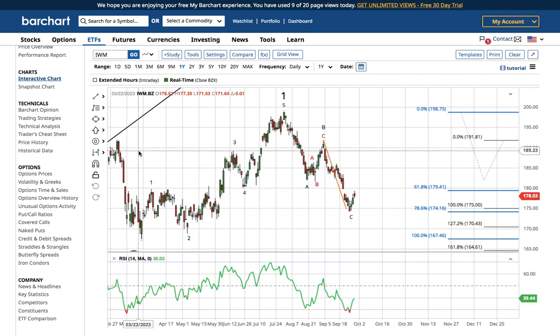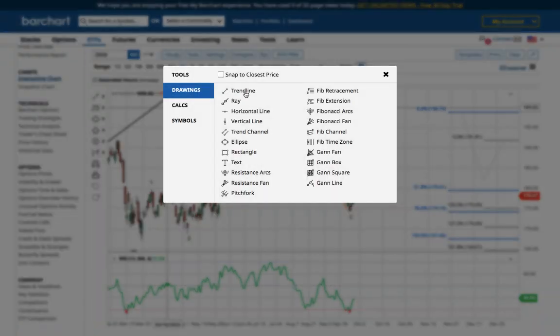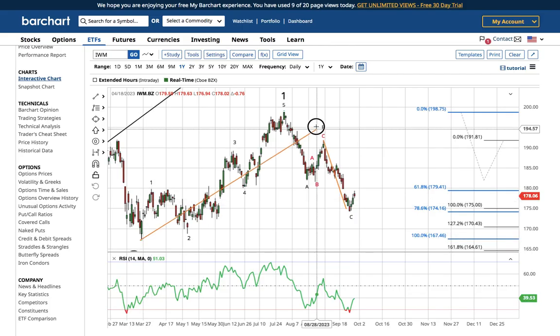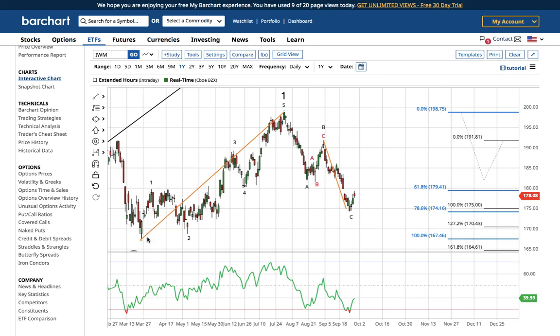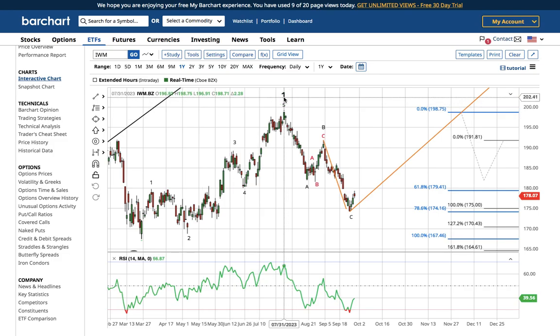The invalidation for this all being a wave one is 167.46. And then bulls will look for the length of wave one, placed at the wave two low to begin a wave three for the Russell. So I'll make sure that's all prettily labeled so it makes sense.